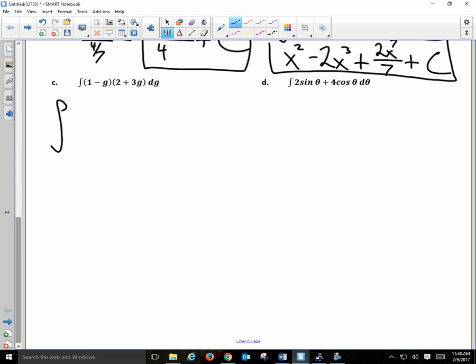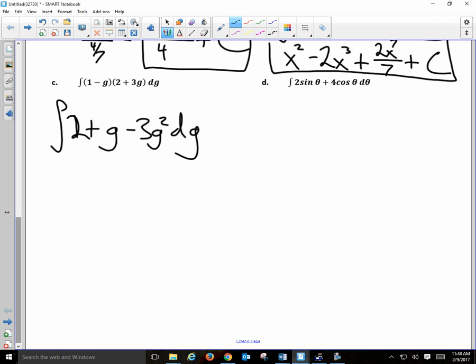All right, we multiply out. We got 1, negative g times 2, and then 3g times 1. I get a total of 2 plus g. Now I take the antiderivative.